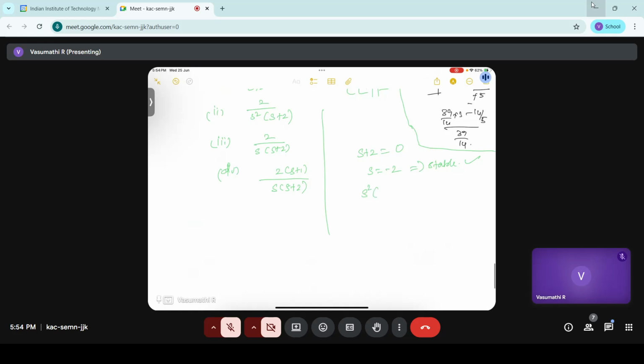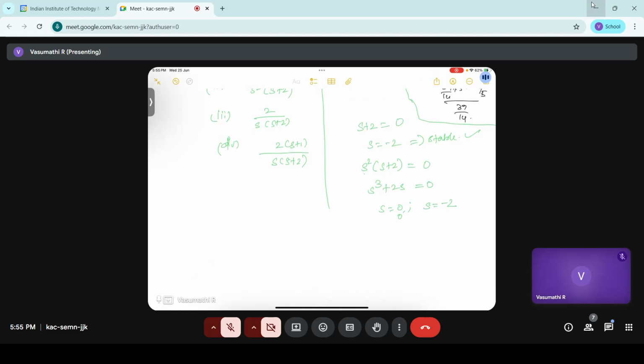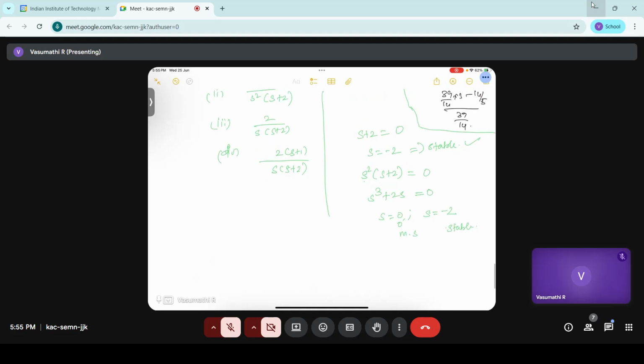Second thing is s square into s plus 2. This will be s cube plus 2s square. Even if you consider, s is equal to 0, two poles are at 0, 0, and s is equal to minus 2 will be another pole. Good. I can say this is marginally stable and this is stable. One pole is stable, another pole is marginally stable.